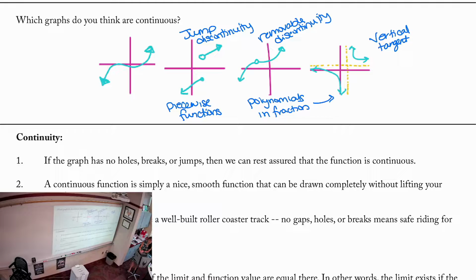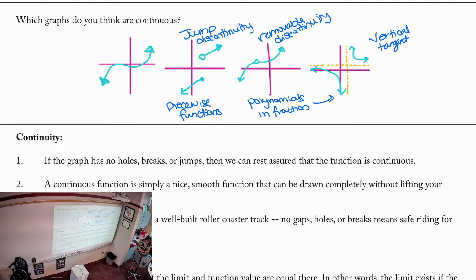Essentially, for both the vertical tangent and the removal discontinuity, you have a fraction over a fraction, and you're left with something in the denominator that gives you the vertical tangent part, and your removal discontinuity comes from canceling the term out.